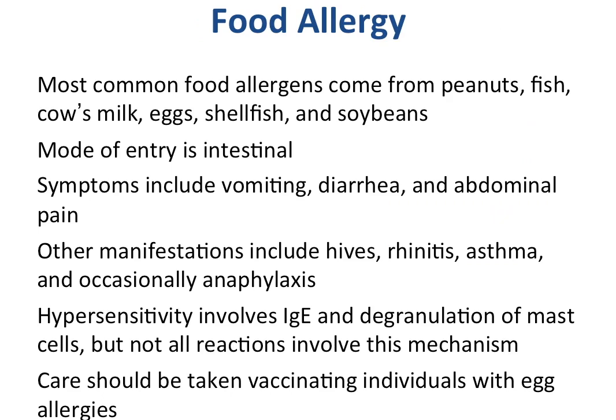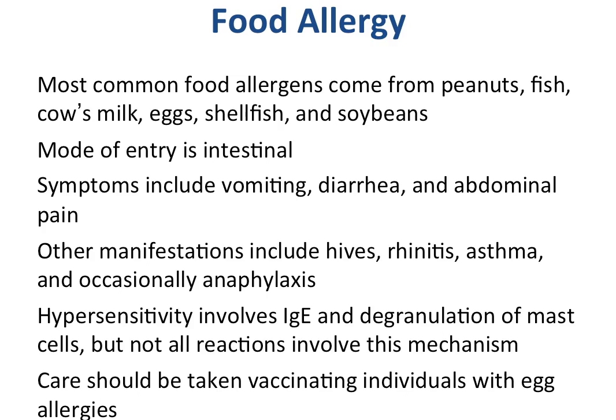Food allergy. That means when we eat certain food, those foods cause allergy. Those foods could be the peanuts, fish, especially the seafood. Okay, cow's milk, eggs, shellfish, and even soybean.